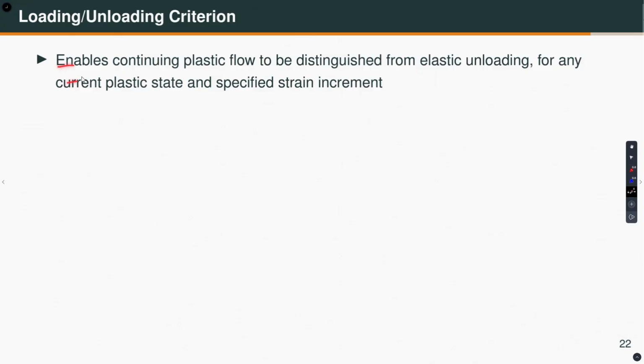So, it is basically saying that when you reach the yield surface, this rule will tell you whether from that point onward it will be plastic flow or you are going to unload. That is what is determined by this loading-unloading criterion. Okay. I am not getting into the mathematics, like I said earlier.